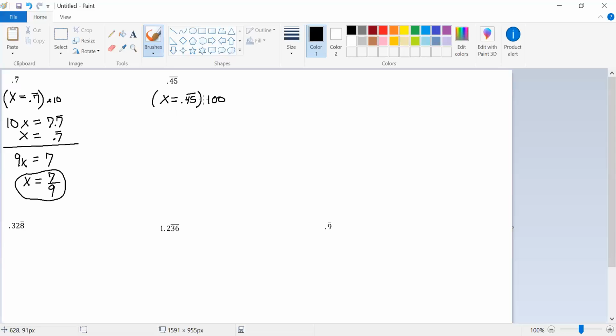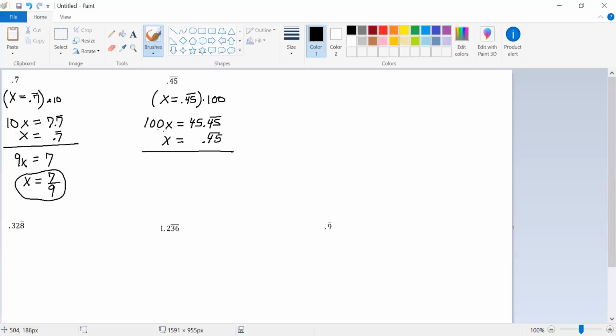We'll multiply both sides by 100, so I'm going to get 100x equals 45.45 repeating, since the decimal moves over 2 places. I'm now going to subtract that original one, lining up the decimals, 0.45 repeating part.